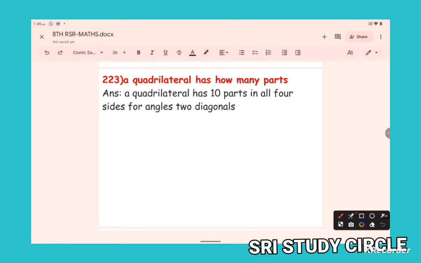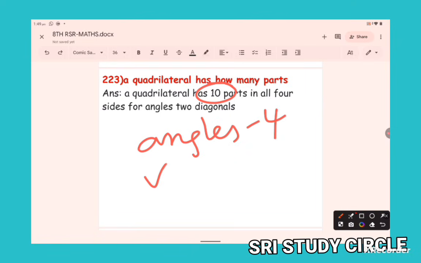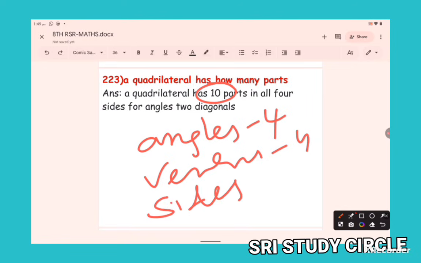Four angles, not 10. Four vertices, four sides, and diagonals, 2.